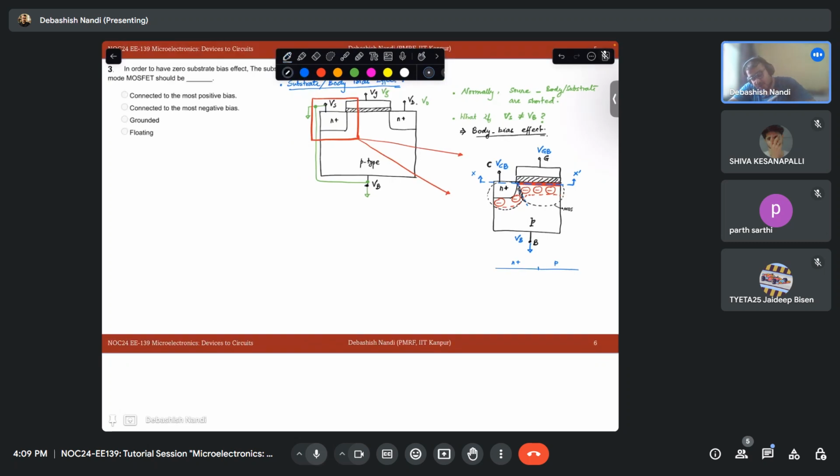If I draw the band diagram, it will look something like this, right? This is your EC, let's say. When your VGB is equal to VFB and your VCB equal to 0, can you tell me what is the value of this barrier?